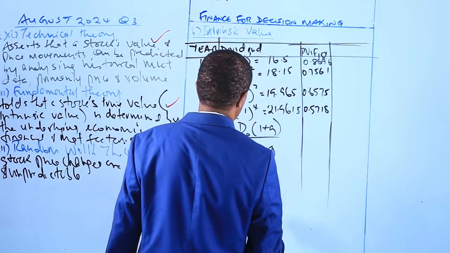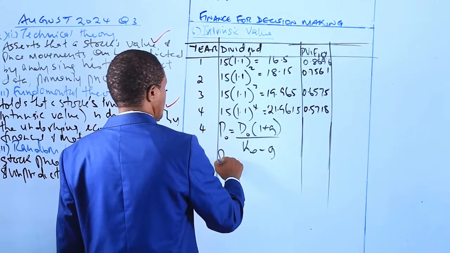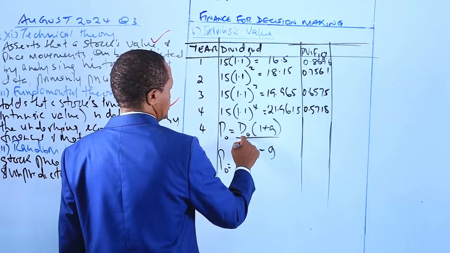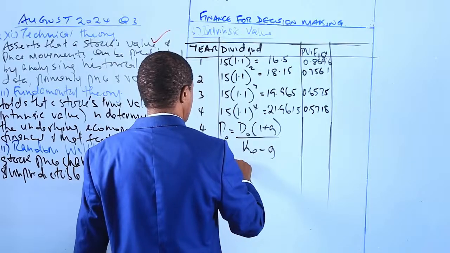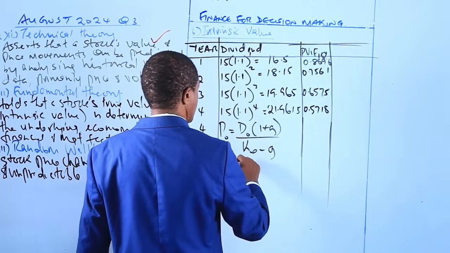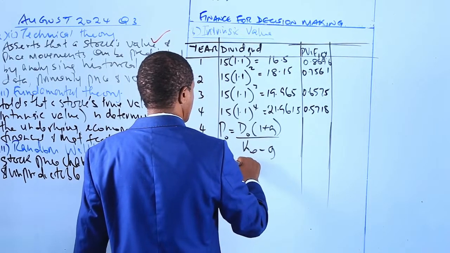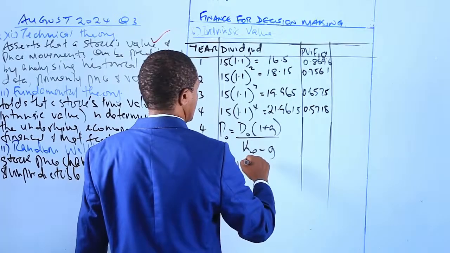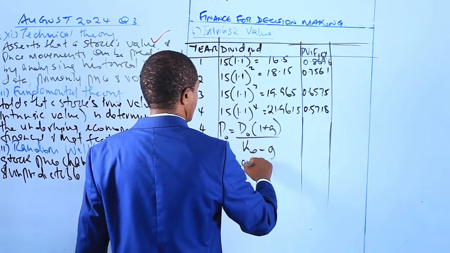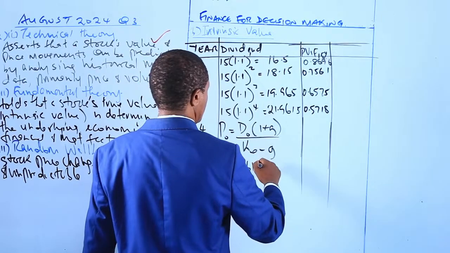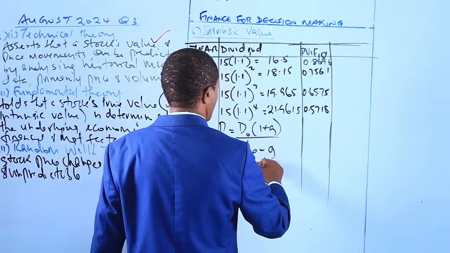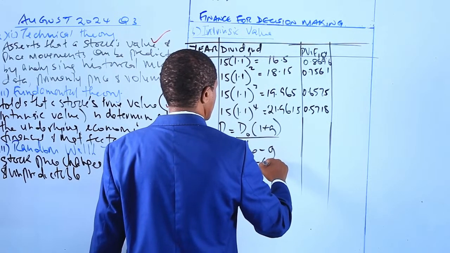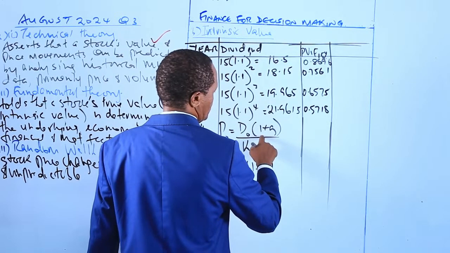So our P0 here will be equal to D, which is 21.9615. We grow it at 1.1, 1 plus g, the growth rate.